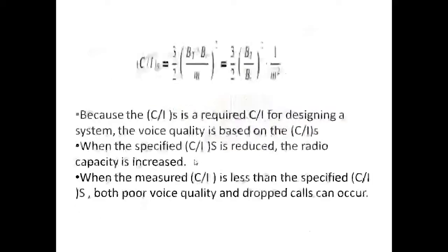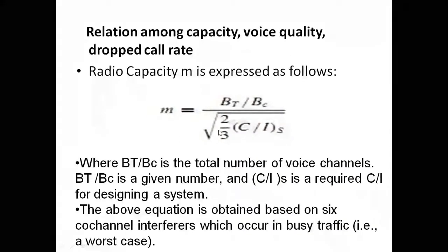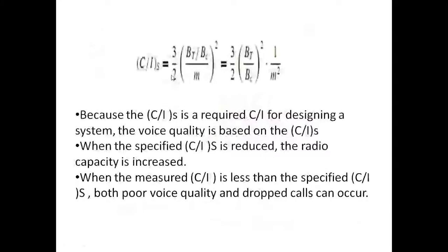Next, the equation is simplified, where we are calculating C by I of S. C by I of S is equal to 3 by 2 into (Bt by Bc by m) whole square, or 3 by 2 into (Bt by Bc) whole square into 1 by m square.